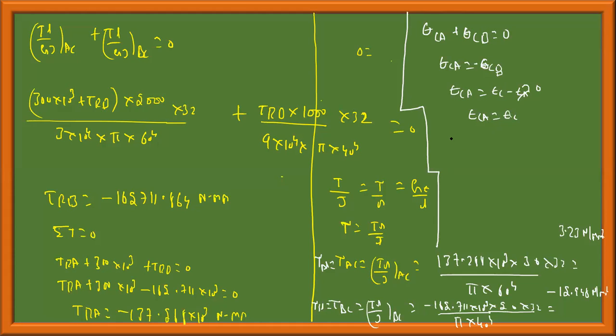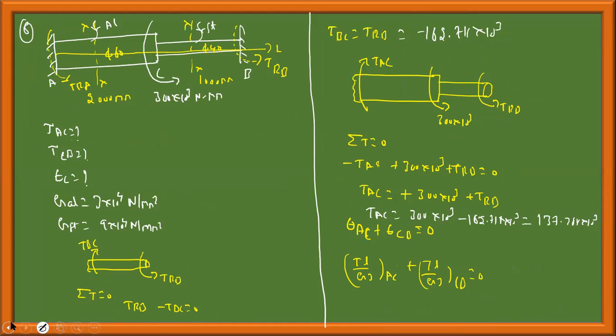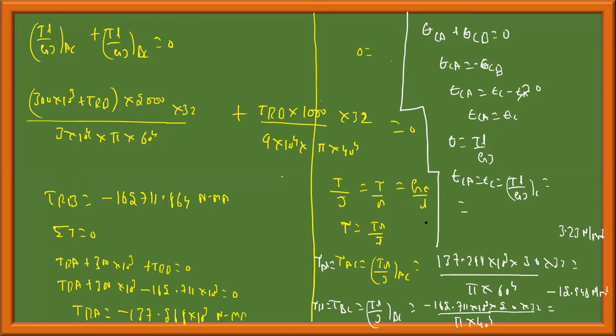We know that theta is equal to TL by GJ. Theta CA, which is equal to theta C, is equal to TL by GJ, with the torque in section AC equal to 137.288 into 10 power 3.